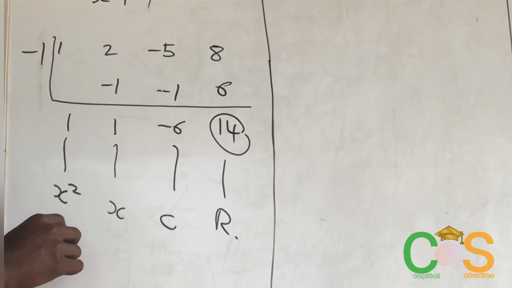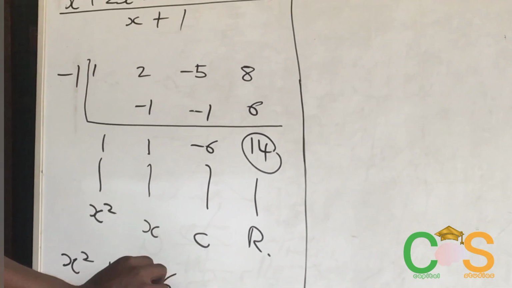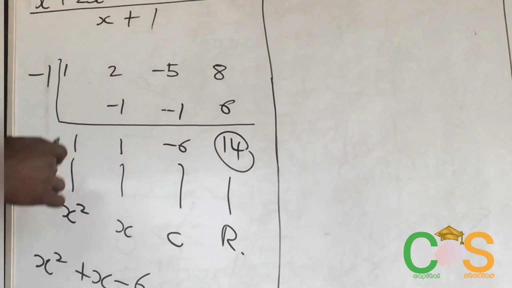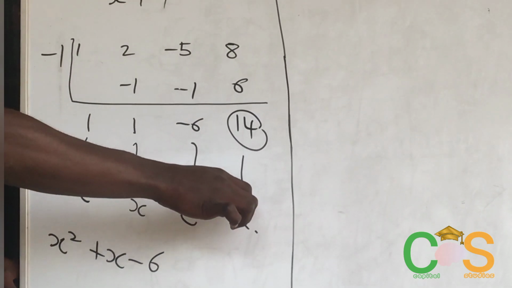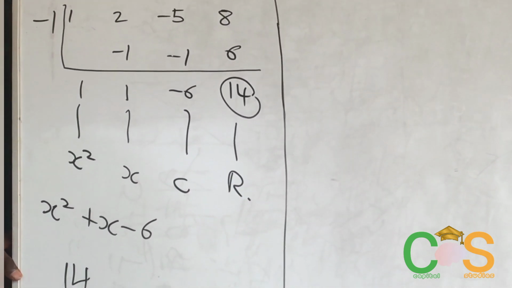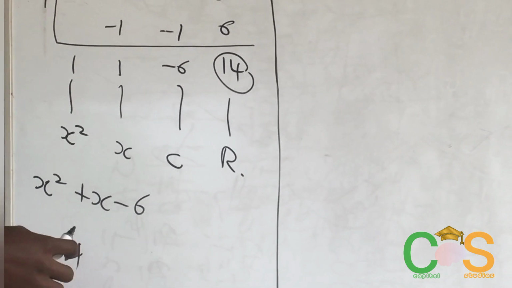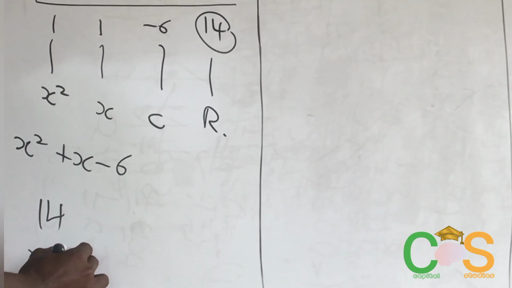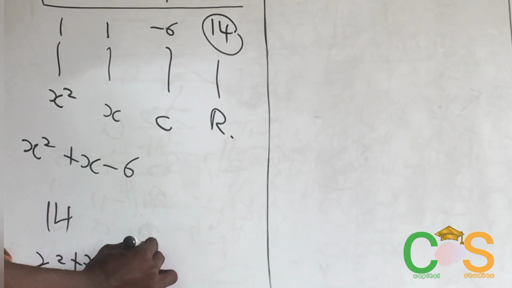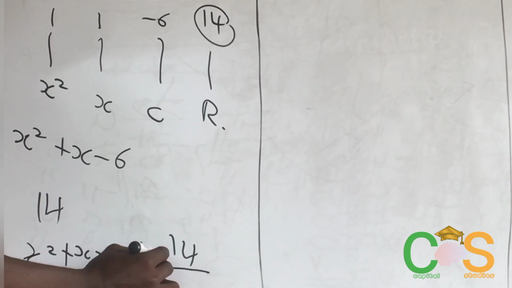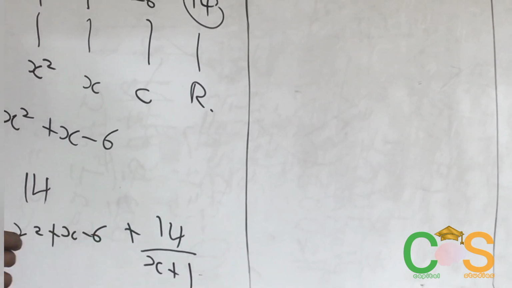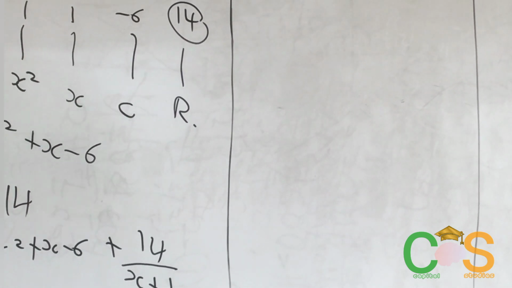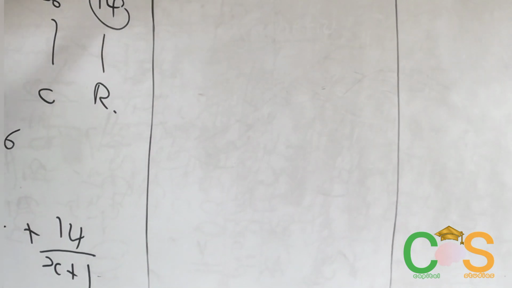Our answer is x squared plus x minus 6, which is our quotient, plus 14, which is our remainder. The answer should be in the form quotient plus remainder over the divisor. So it is x squared plus x minus 6 plus 14 over x plus 1. This is a much simpler method, and it takes a really short time. You just have to be fast with your multiplication and addition.